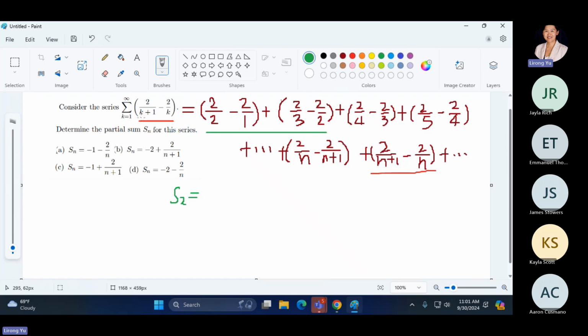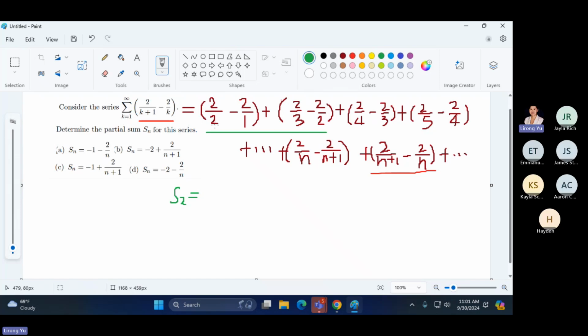The first term is 2 over 1 plus 1 minus 2 over 1, and the second term is 2/3 minus 2/2. When you add them, the 2/2 cancels, and your answer will be -2 plus 2/3. That's how it looks when calculating S of 2.